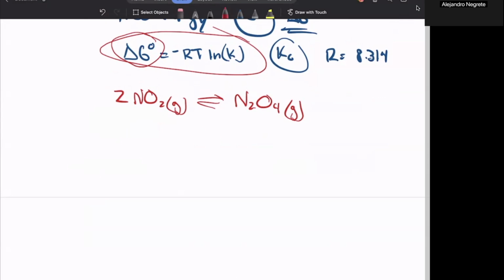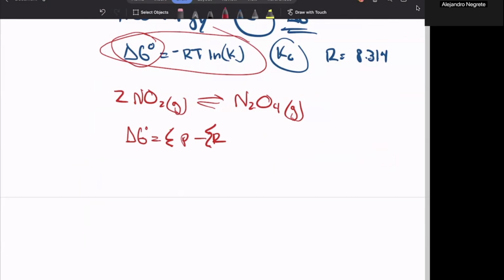But we're going to take a little shortcut here: the sum of the products minus the sum of the reactants, and that is our change.